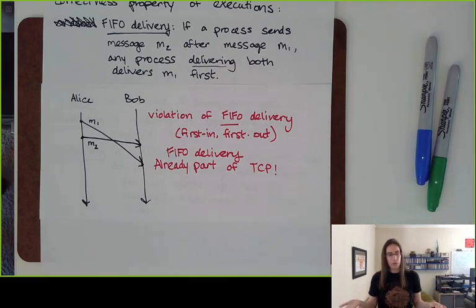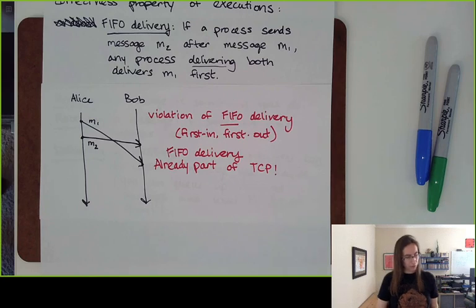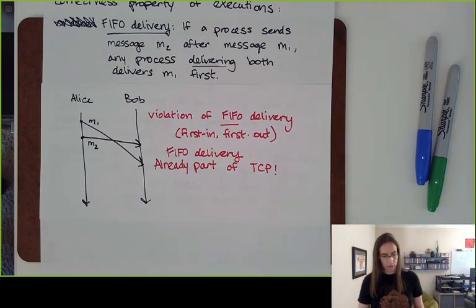But if you need FIFO delivery, maybe it makes sense to use TCP instead of using UDP or some other protocol that doesn't enforce this. So for the most part, in your day-to-day life as a distributed systems person, you won't have to worry about this too much. So that's ordered delivery, or FIFO delivery, as I like to call it.